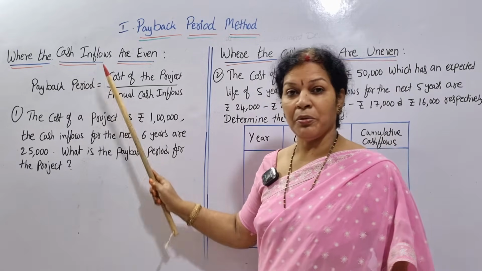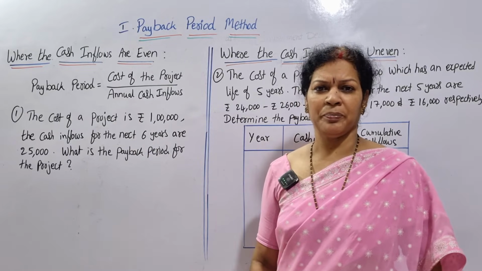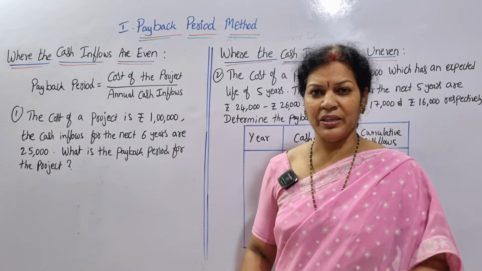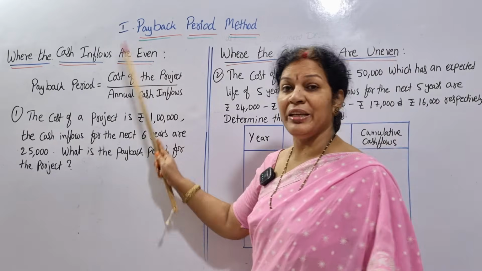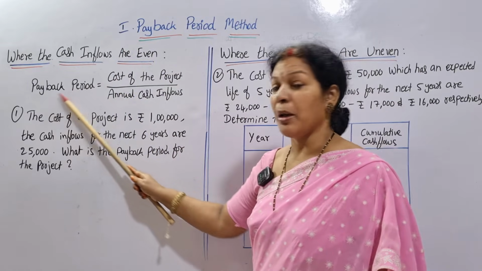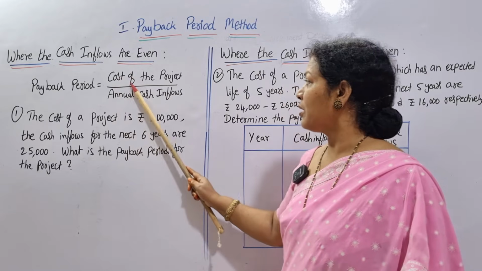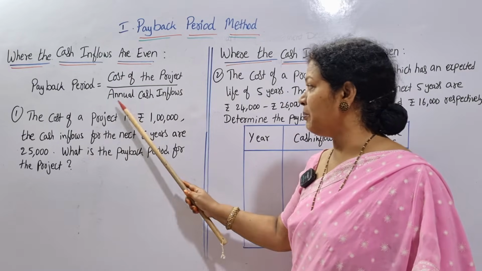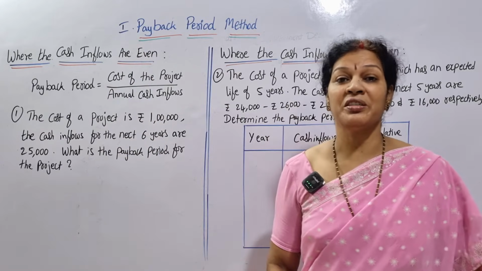If at all cash inflows are even, means same cash inflows I am getting, as we have discussed, 25 lakh every year. In such case, there is a formula only for even case. Formula is: payback period is equal to cost of the project divided by annual cash inflow. Cost of the project, how much you are investing?